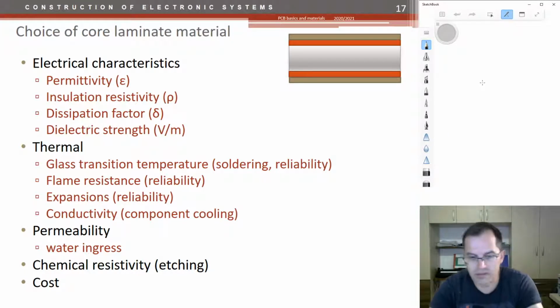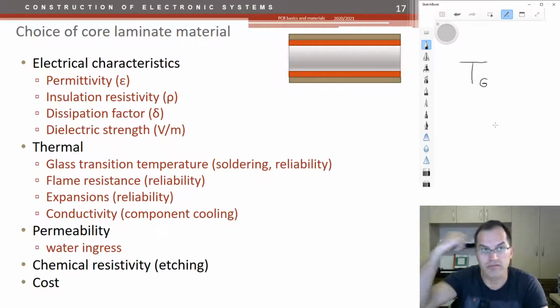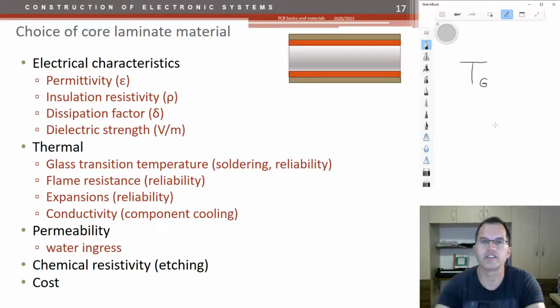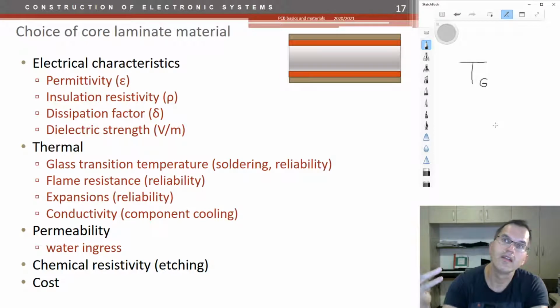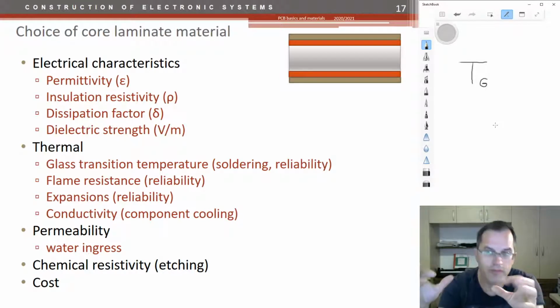It turns soft and it will start to leak out. The glass transition temperature is usually denoted as Tg, and Tg goes from 100 degrees up to maybe 130, 140, 150. It's not the temperature where the material would just burn. It's a temperature where it becomes soft, and keeping the PCB long enough at this temperature would cause deformation and leakage of the resin.